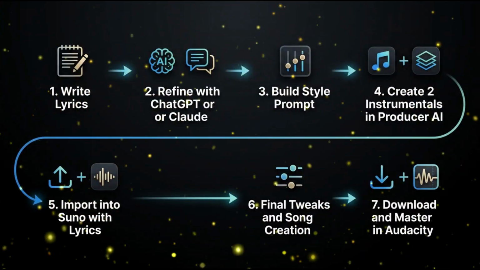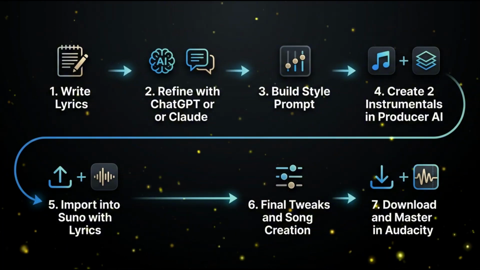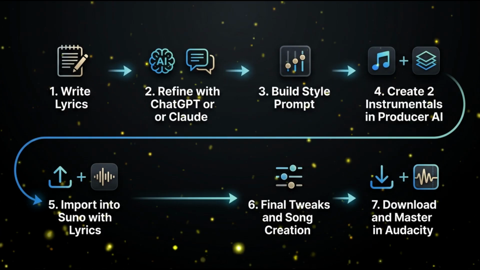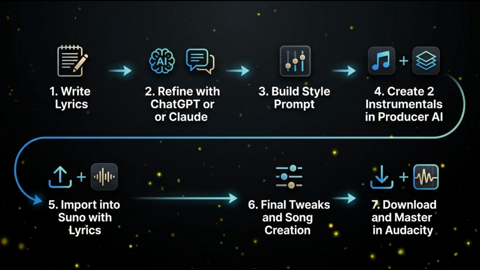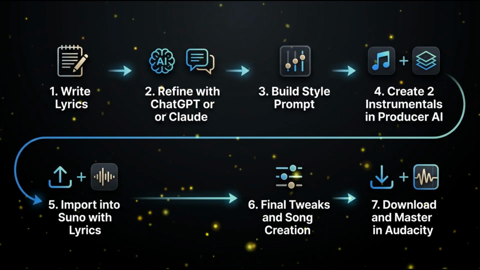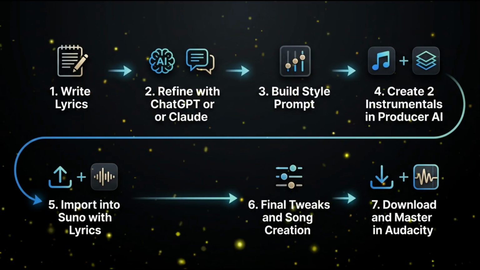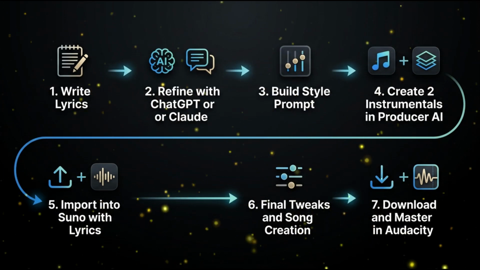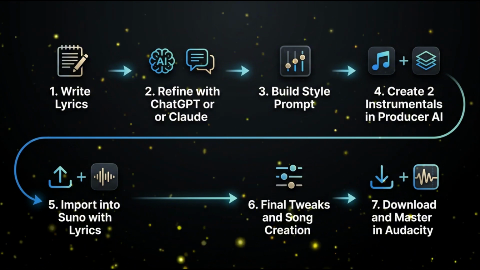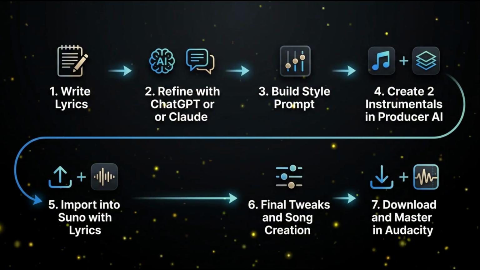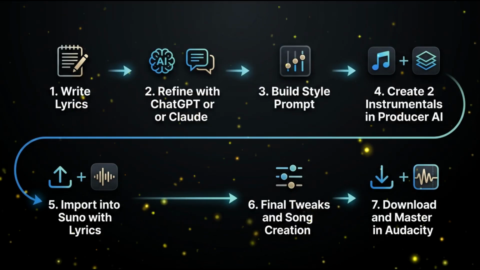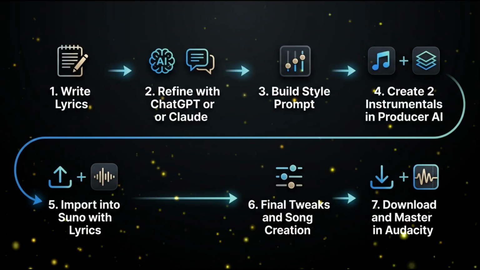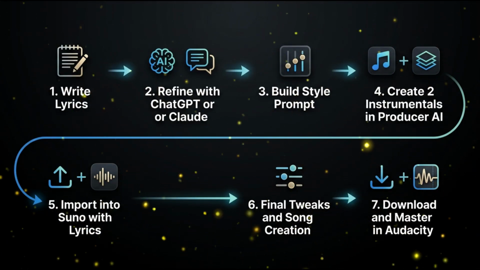So here's the workflow again. Number 1, write the lyrics. 2, use ChatGPT, Claude, Grok, Gemini, whatever you like to clean up the flow and structure. 3, build a detailed music style prompt with instruments, effects, and vocals. 4, create 2 instrumental-only tracks in Producer AI. 5, take your tracks and import them into Suno with your lyrics. 6, use Mashup to generate the full song. 7, make final tweaks strategically.